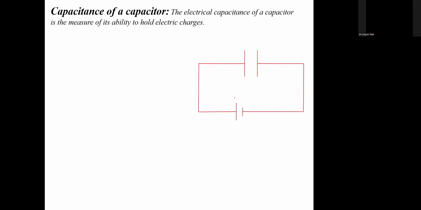Electrical capacitance of a capacitor is the measure of its ability to hold charge. Suppose a capacitor has two plates, one given a charge plus Q and the other minus Q, and the potential difference between the plates is V. The capacitance is defined as the ratio of the magnitude of charge on either plate to the potential difference between its plates.